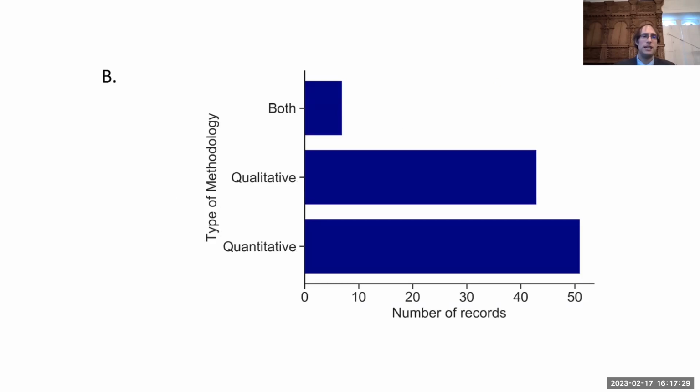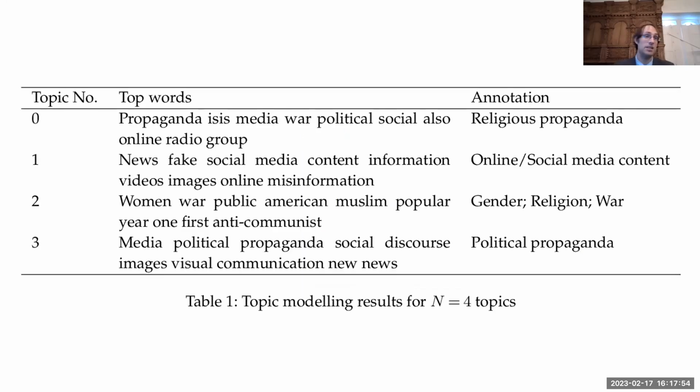And finally, again at this large quantitative level over the abstracts, we looked at whether they were qualitative, quantitative, or both. There's a mix of papers that are qual, a mix that are quant, but a smaller number that are really doing mixed methods. And we'll come back to that in the qualitative analysis.